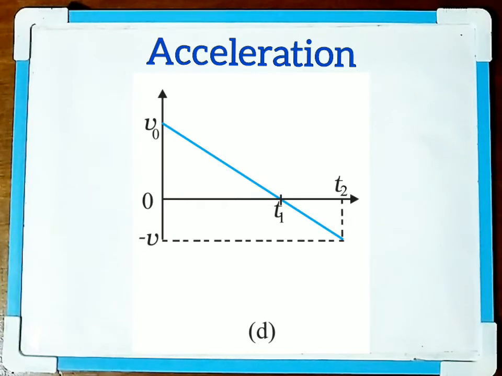So this is again a motion with a negative acceleration. First we have a retardation, then again a negative acceleration due to the change in direction. So these are the four graphs of a uniformly accelerated motion.